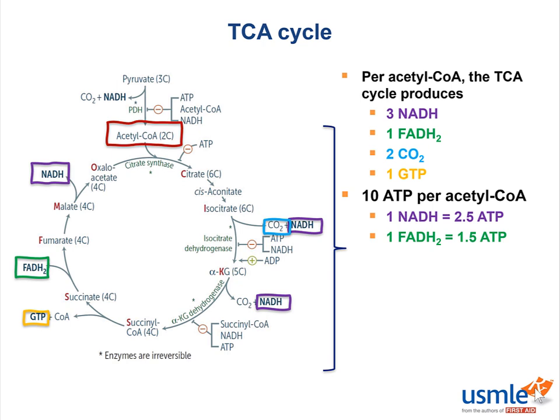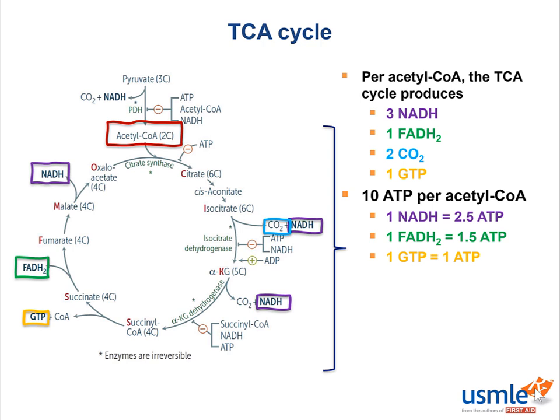So we say 1 FADH2 can yield 1.5 ATP. And then 1 GTP yields 1 ATP. I know that doesn't add to 10 yet, but remember we get 3 NADH per acetyl-CoA. So instead of 2.5 ATP, we get 2.5 times 3, or 7.5 ATP from NADH per cycle.